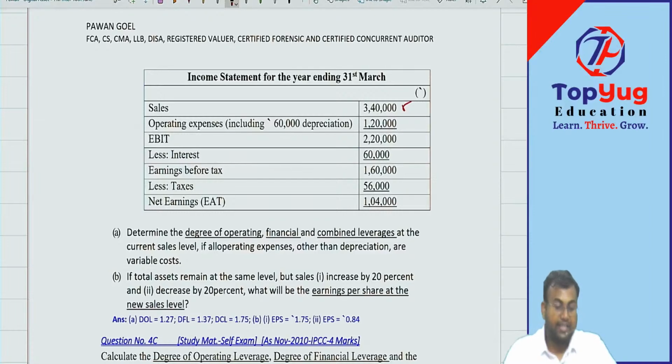If all operating expenses other than depreciation are variable, so you have to make an income statement again, right? Only then will you be able to calculate operating leverage. If total assets remain at the same level but sales increase by 20% and decrease by 20% in these two scenarios, what will be the EPS at the new sales level? Simple problem, dear.